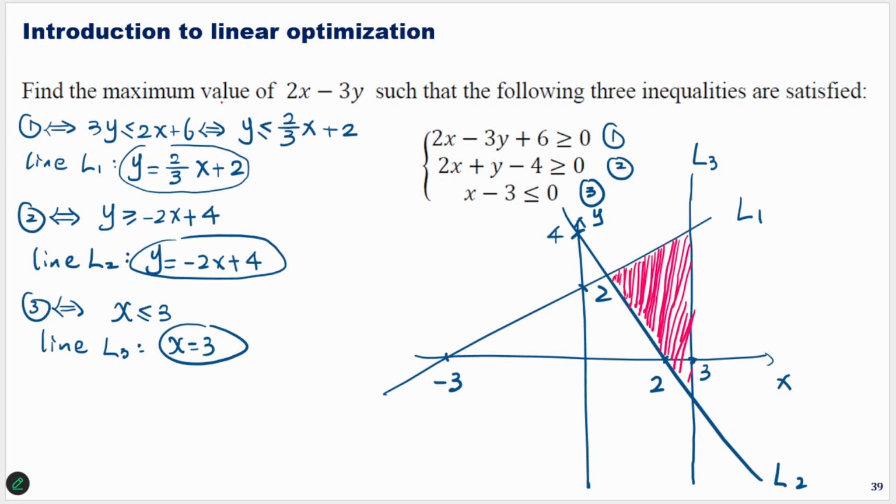Which pair of x and y can make 2x minus 3y be the largest? Also, the boundary is also included. In this triangle region, which pair of x and y can make 2x minus 3y be the largest? So how can you approach that question?